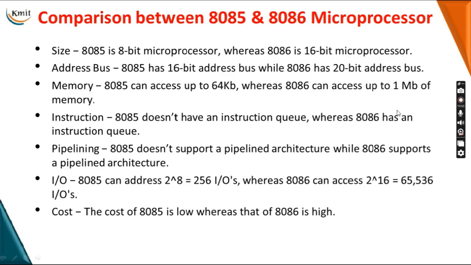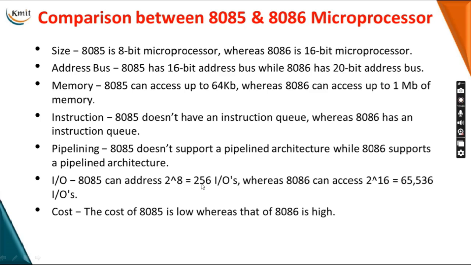Whereas the 8086 has a queue which can prefetch 6 bytes of instructions in the instruction queue so that the execution process continues and the fetching process continues. Getting the point? The 8085 takes a little bit more time compared with the 8086. One more important point is that the 8085 doesn't support a pipeline architecture, while the 8086 supports pipelining, nothing but prefetching the instructions.